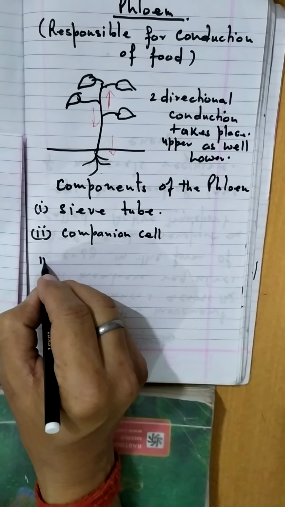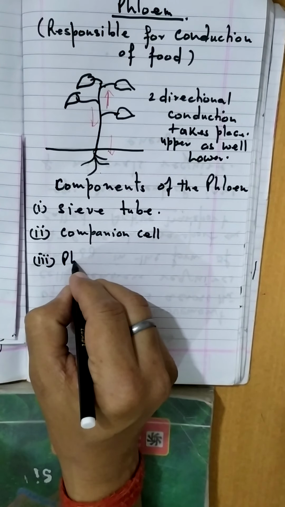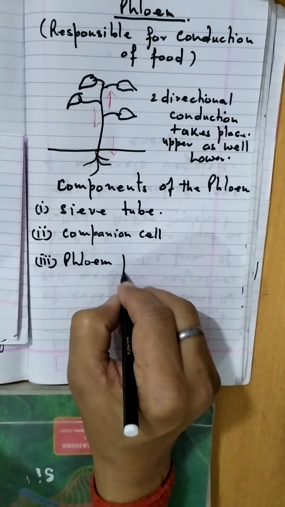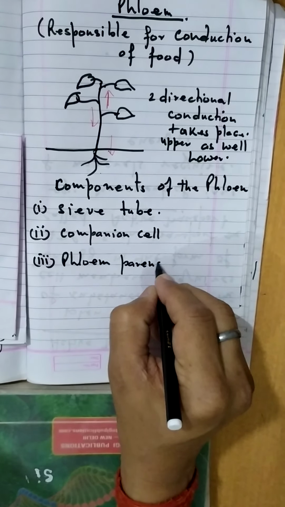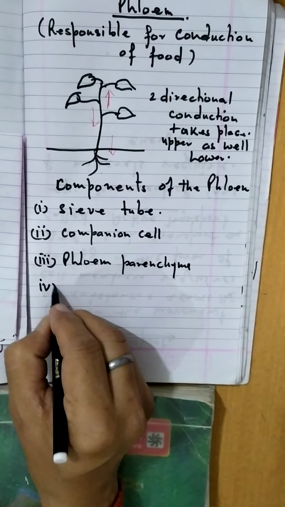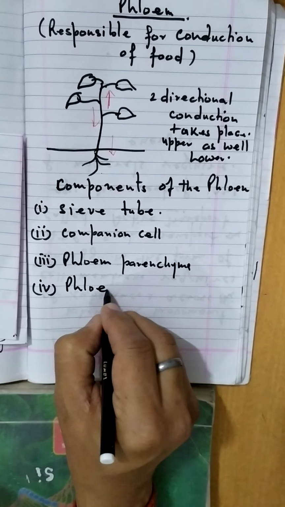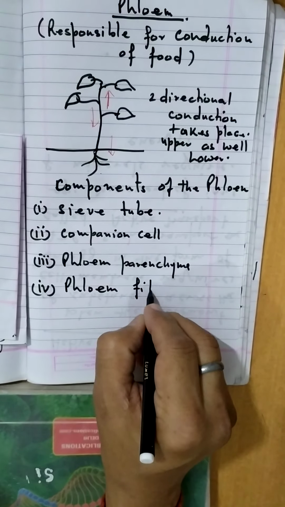Third, phloem parenchyma. And fourth, phloem fibers.